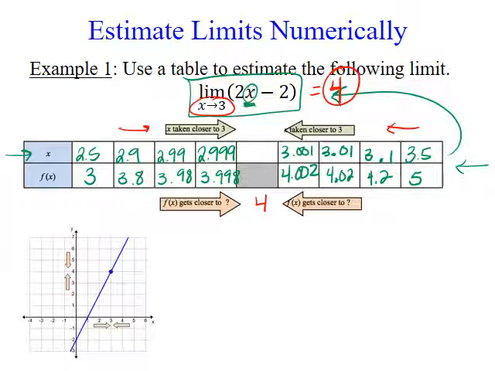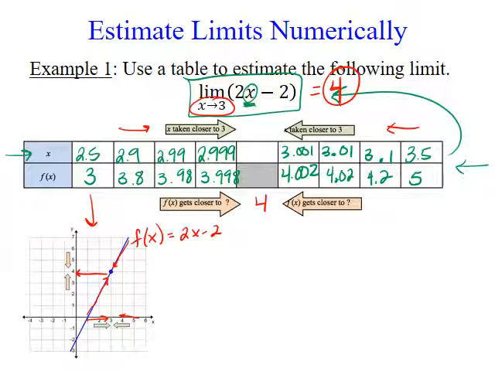Now let's look at this graph here. This is the graph of 2x minus 2. And we can see as we are approaching 3 from the left and from the right, the intended height of this function is 4. Therefore, the limit is 4.